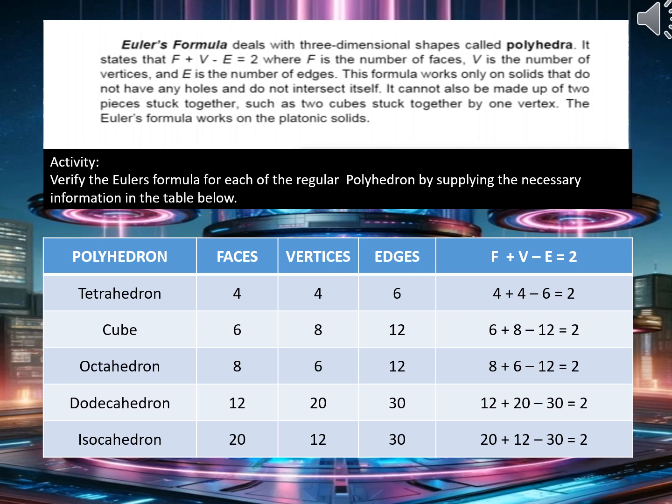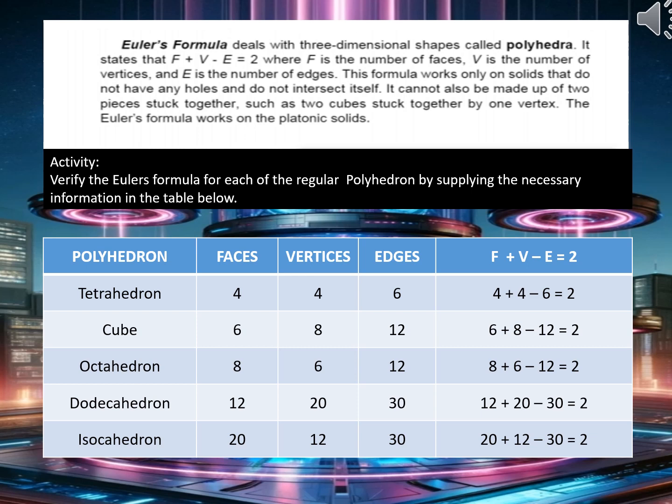We have in the first column the names of the polyhedra, in the second column the number of faces, in the third column the number of vertices or points, and the fourth column is the edges. In the fifth column we have Euler's formula, f plus v minus e equals 2.